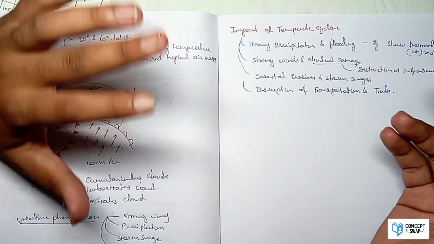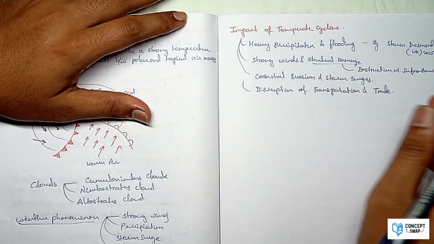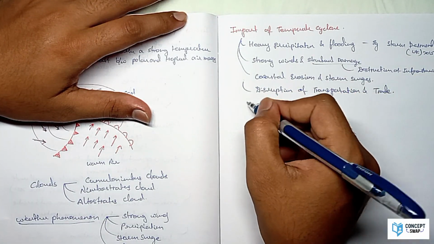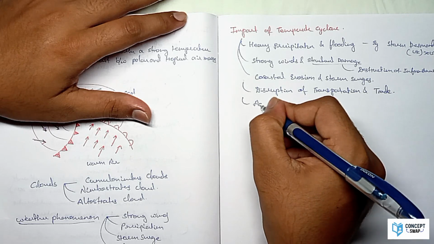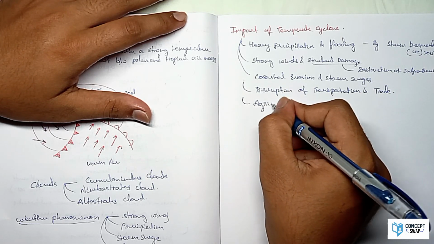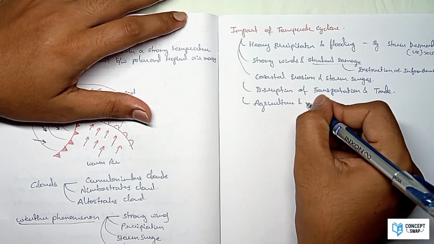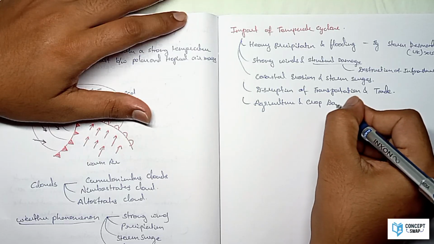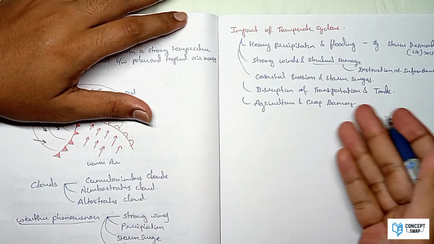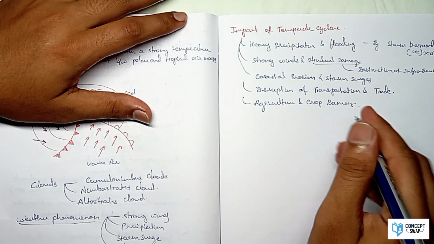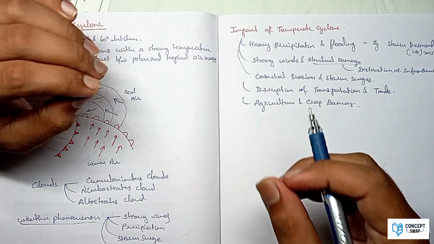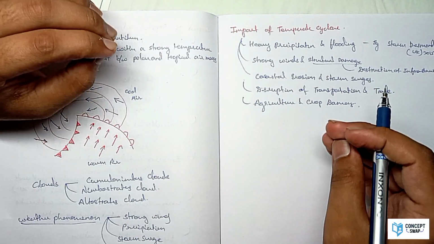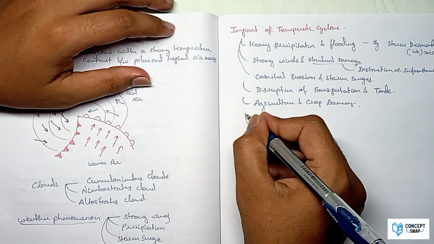Due to the weather conditions, transportation and trade will be disrupted, and it also impacts agricultural crops and causes crop damage. Agriculture will always be a leading impacted sector.